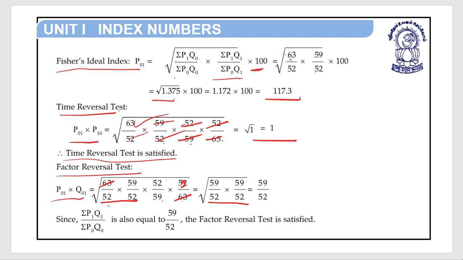Here one mistake: it is 59, not 52, so 63 by 59. In this there are some mistakes, okay.